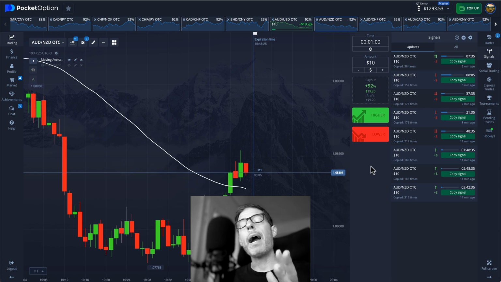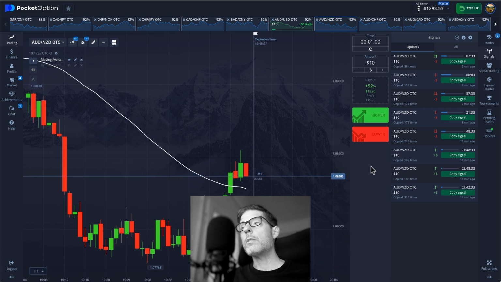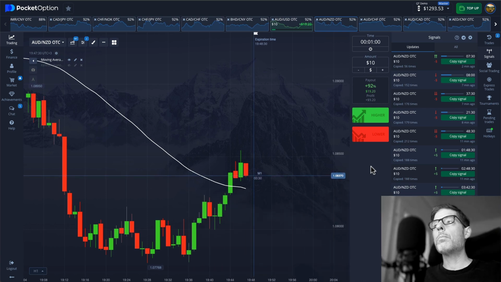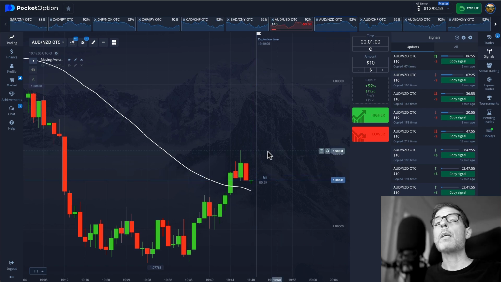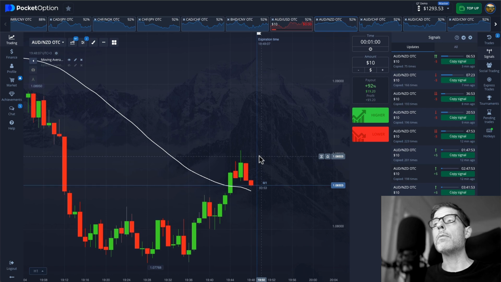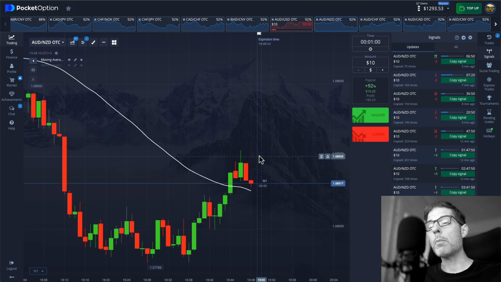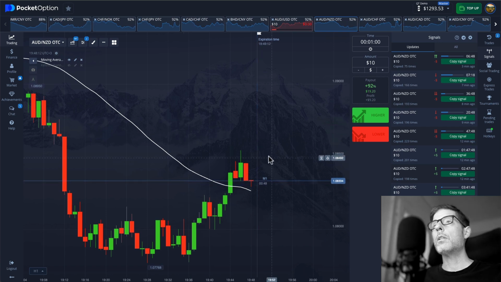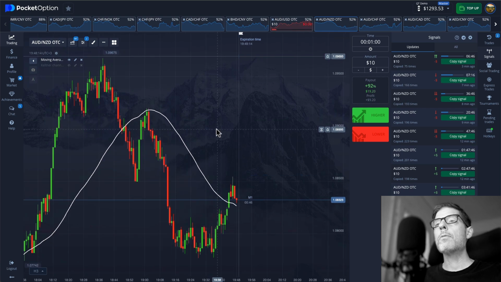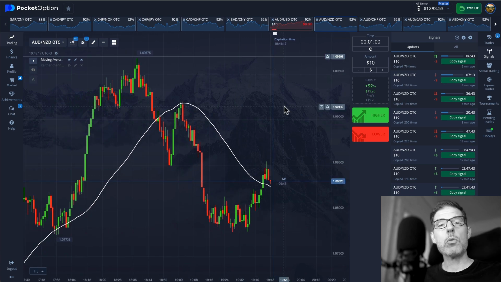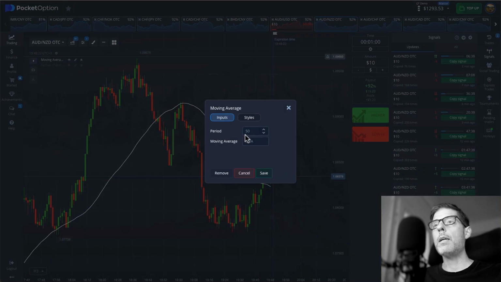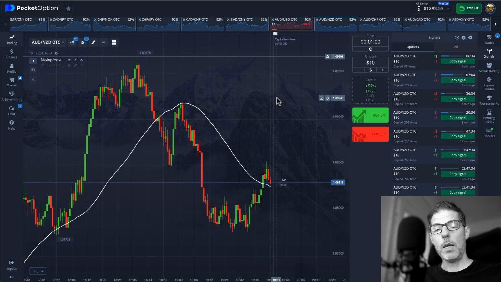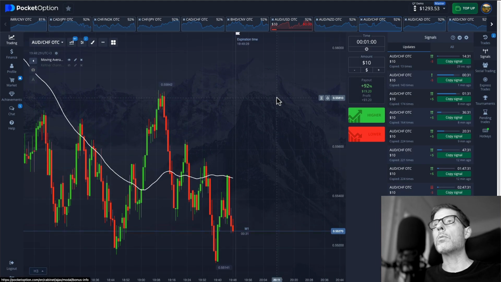Okay, so now how can we apply these signals to possibly a strategy that we already have? You guys know me, I'm a big fan of using a trend in the market. So let's zoom out here and find an upward or a downward trend. Now I'm just using the moving average, a 50 period SMA, and I will browse through the different assets here.